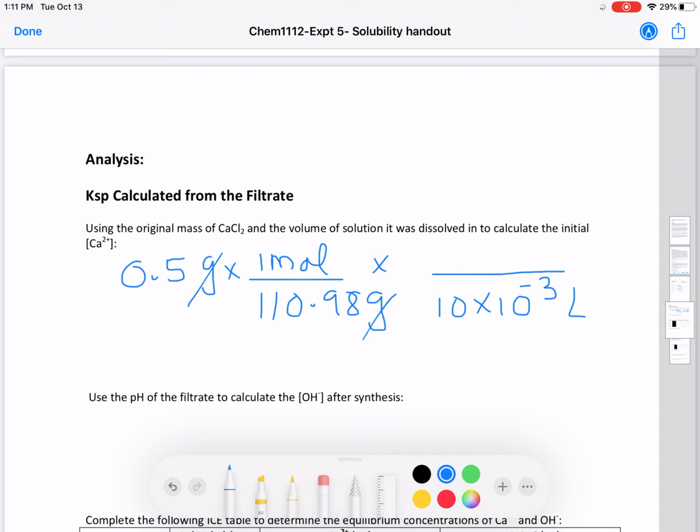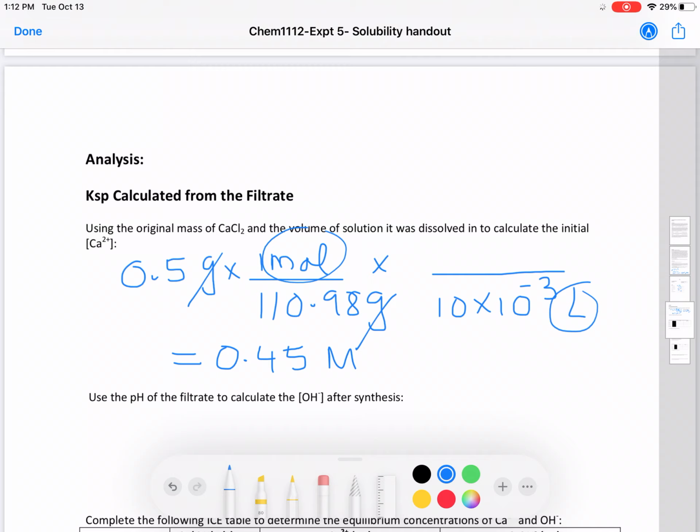You might get a number like 0.45 molar. That's the initial concentration of calcium ions.